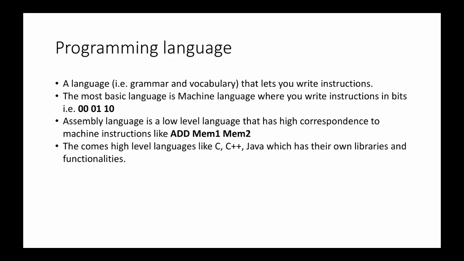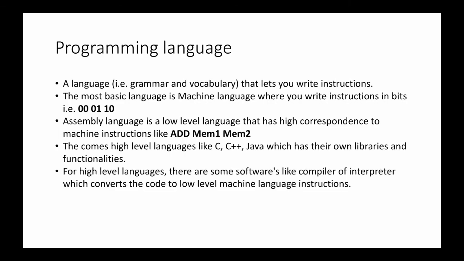What you need to understand is that whatever you're writing in a high level language, there is a compiler or an interpreter: a compiler in the case of C, C++, and an interpreter in the case of Java. The compiler converts your code into machine language, which is the bits language, and stores it inside your computer so that you can execute it. There is a slight difference between a compiler and an interpreter. The compiler creates the byte code, or the output in bits format, so that you can execute it, while the interpreter mostly executes directly.